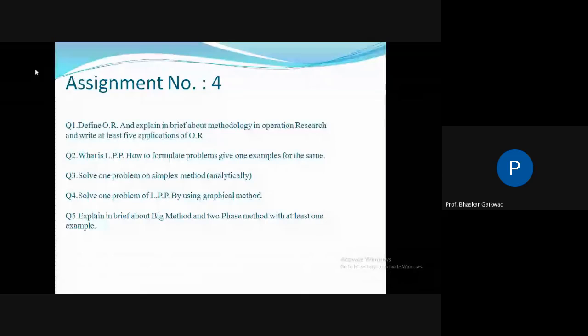Question number three is to solve one problem on simplex methods, analytical methods. From the examiner's point of view, more trace is given to simplex methods. It may be analytical methods or graphical methods. So in question numbers three and four, there are problems, and you have to solve these problems analytically and graphically.